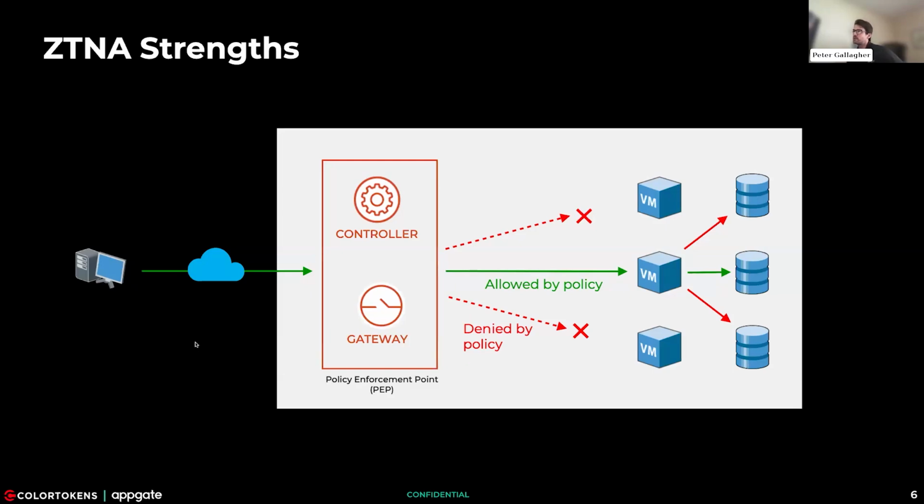What Appgate brings to the table here is this concept of a resolver, where we are metadata aware and can use the metadata in the same form that it's used to create policy in ColorTokens to define policy in Appgate. For example, I can say that I need access to all of the web applications in AWS that are currently in production, whereas a systems administrator might just need access to all of the Linux servers, and the Windows administrator might just need access to all the Windows servers.